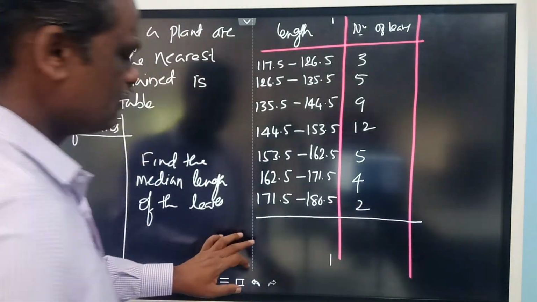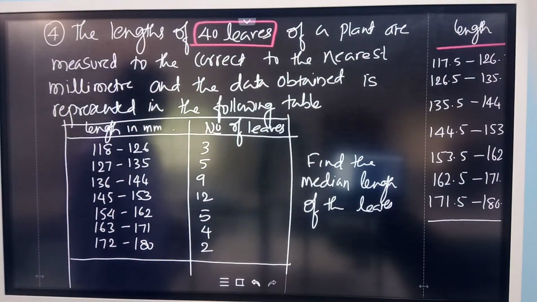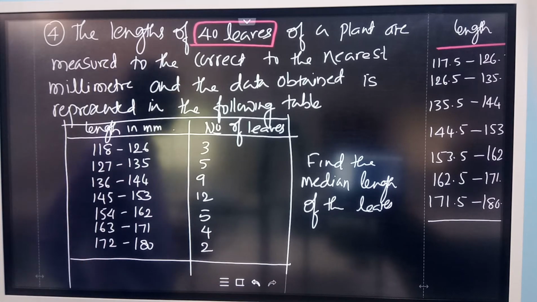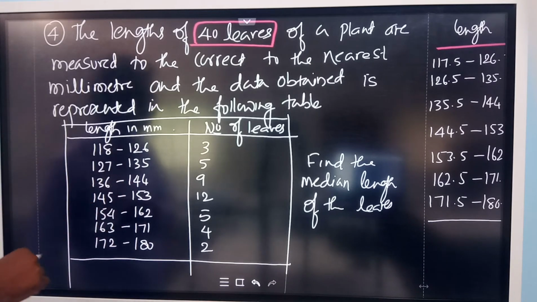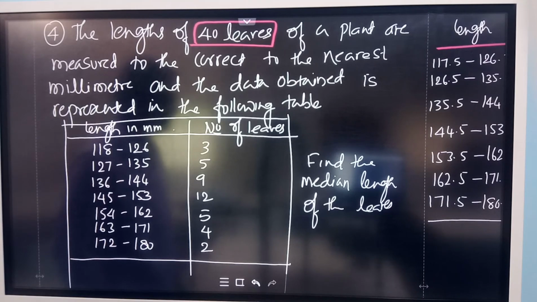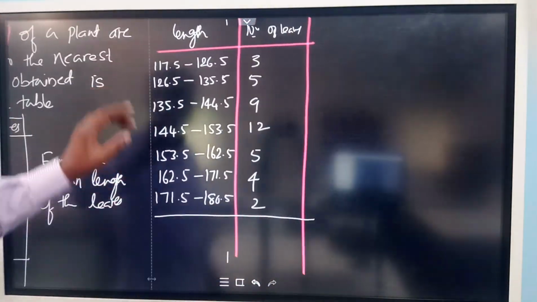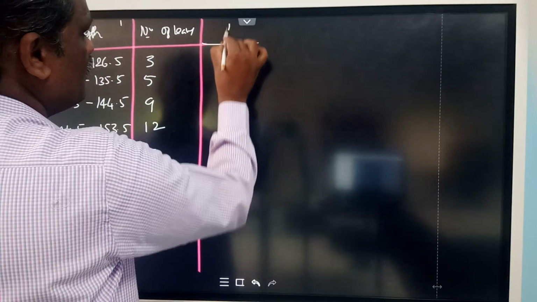In any class intervals, if it is given like this, discrete class intervals where there is a break, you make it continuous by adding 0.5 to this one and subtracting 0.5 from this one. So the middle point you have to take, 126 and 127, so 0.5 you have to add there, you will get the middle point, then make it continuous like this. So now let us find out the cumulative frequency here.